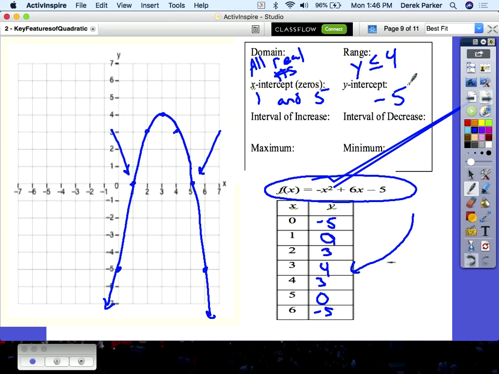Interval of increase. X is less than or equal to 3. An interval of decrease, x is greater than or equal to 3. The maximum y value that you will have is 4. And there is no minimum because it is a negative graph.